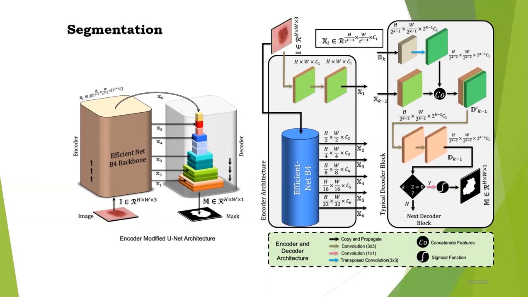As the decoder block is a repetitive block, it is shown here recursively, as d_k and x_{k-1} come from the decoder block beforehand, and it outputs d_{k-1}. The final d_{k-1} is convolved with a 1x1 kernel and a sigmoid to obtain the final mask.